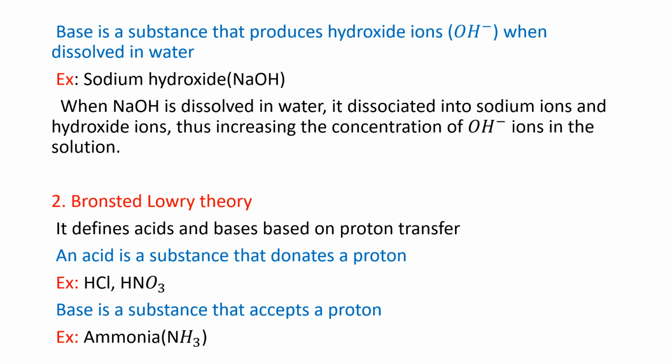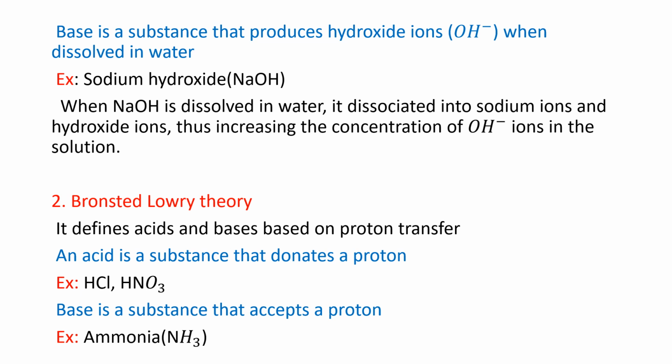When NaOH is dissolved in water, it will be dissociating into Na+ ions as well as OH- ions. Since OH- ions are produced in the water, we can call this species a base. Apart from NaOH, we can also have other examples like KOH, calcium hydroxide, etc.